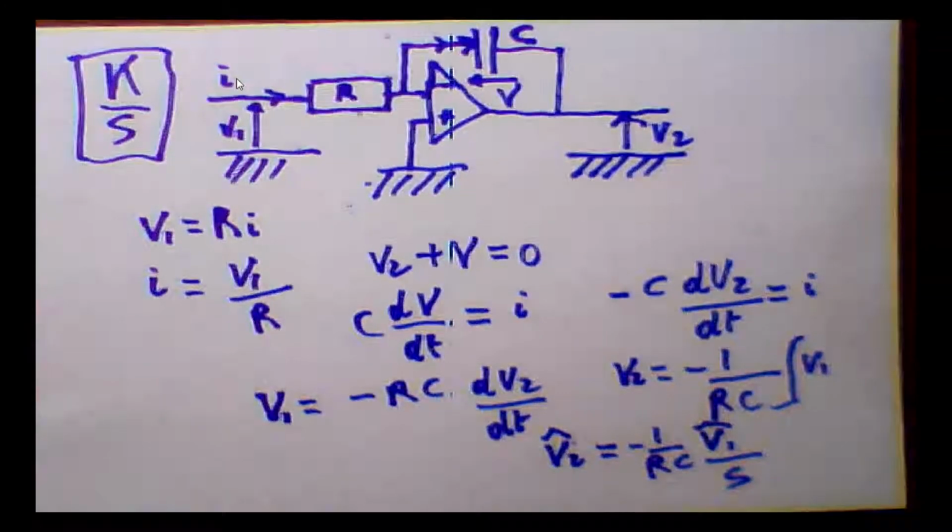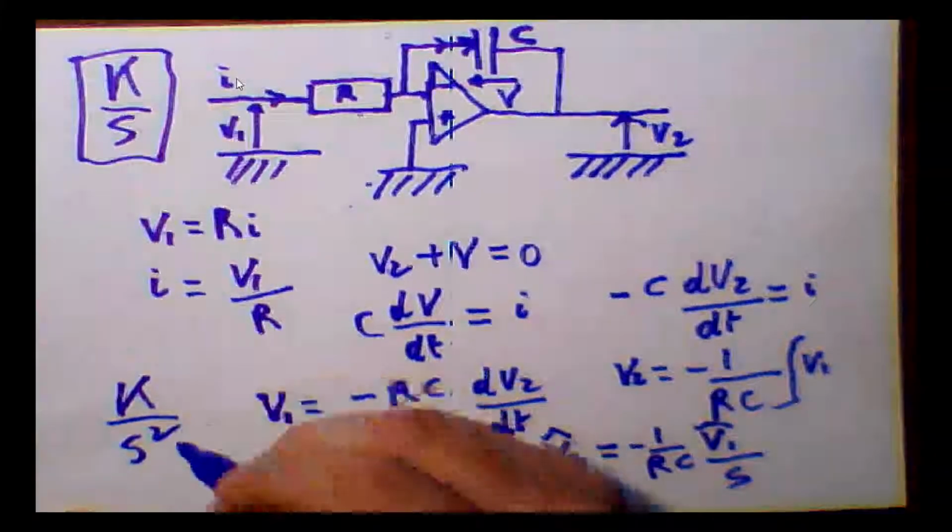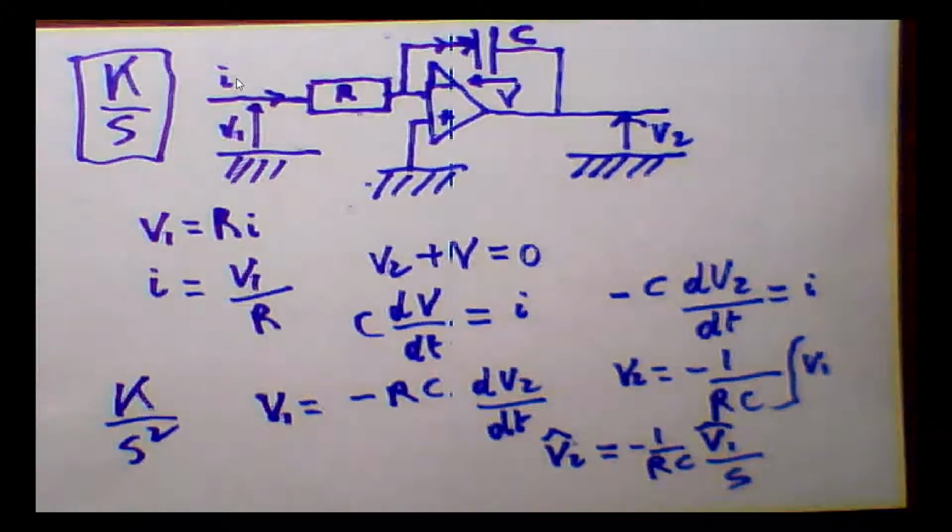Now, guess how you can realize K over S squared? Well, you got it.